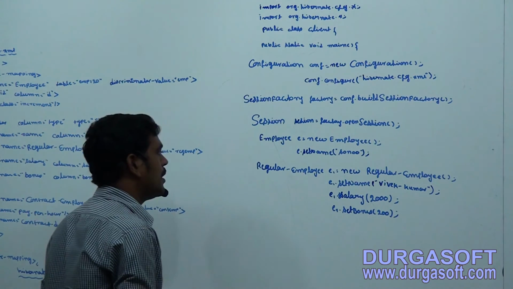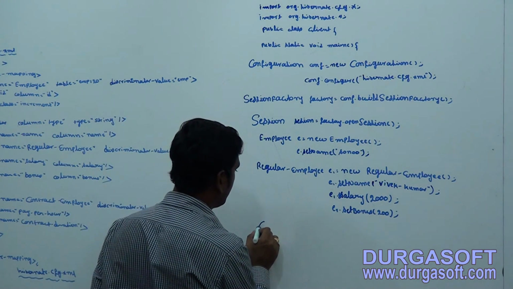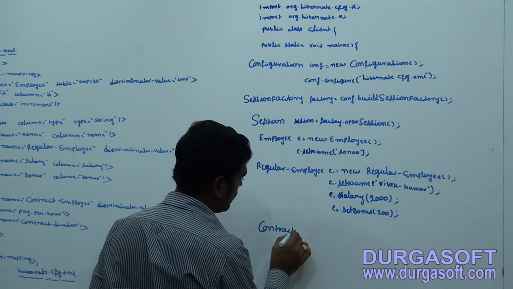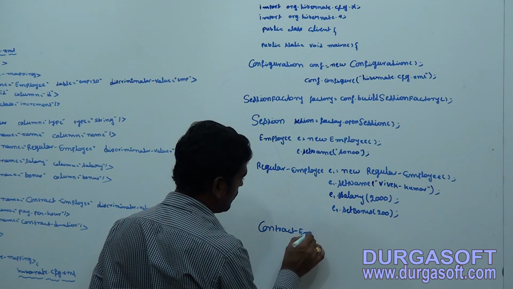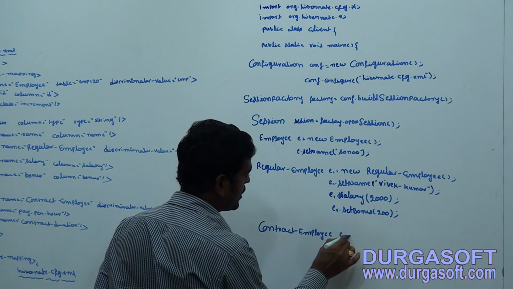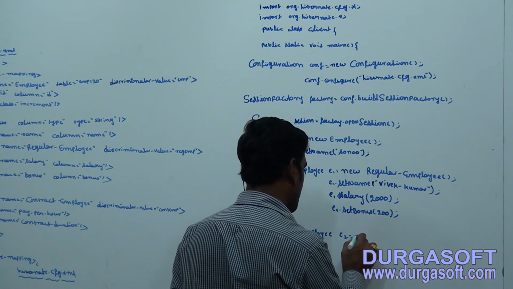Then next after that I am going to create the contract employee. ContractEmployee e2 is equal to new ContractEmployee.